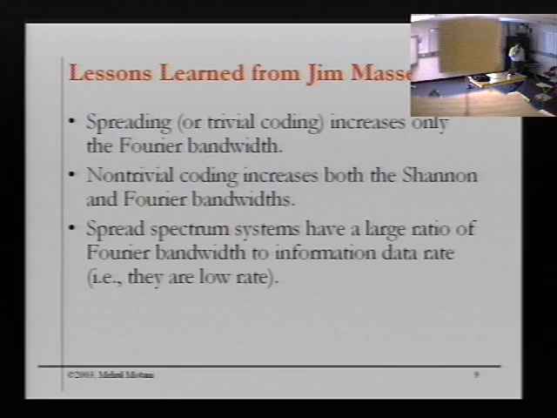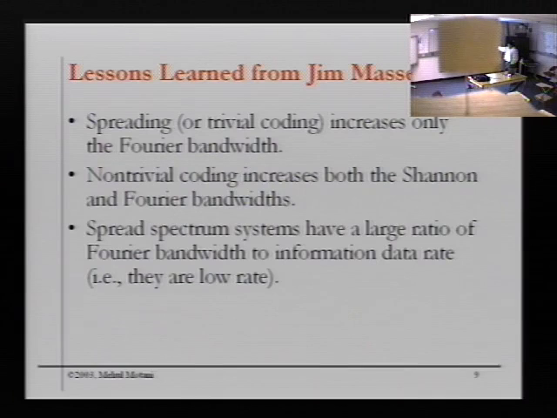So let's see, one of the lessons learned from Jim Massey is when you do spread spectrum, you increase only the Fourier bandwidth. You, in some sense, don't add new information content to the signal. Okay, so that notion is captured in increasing the Fourier bandwidth. Non-trivial channel coding increases both Shannon and Fourier bandwidth.